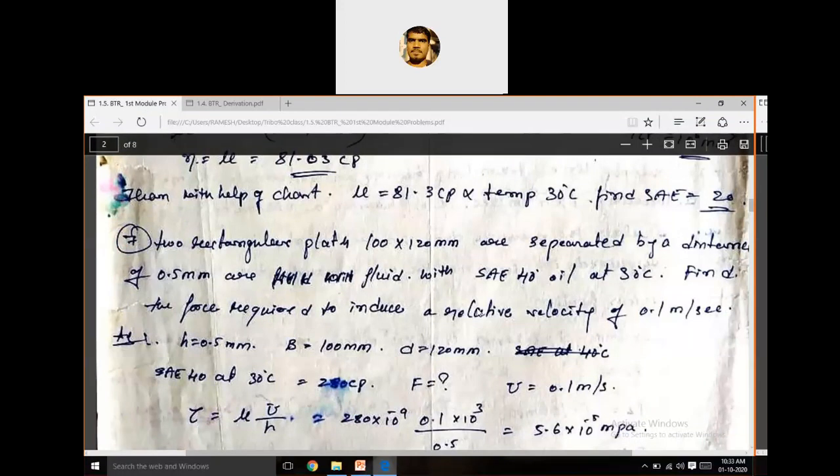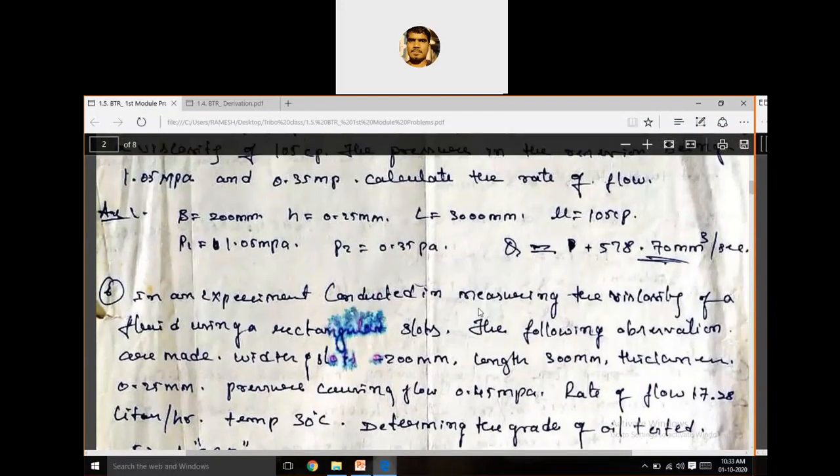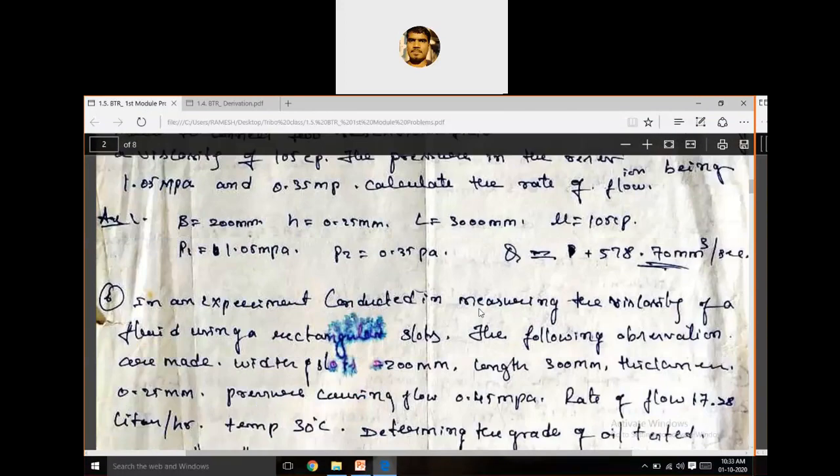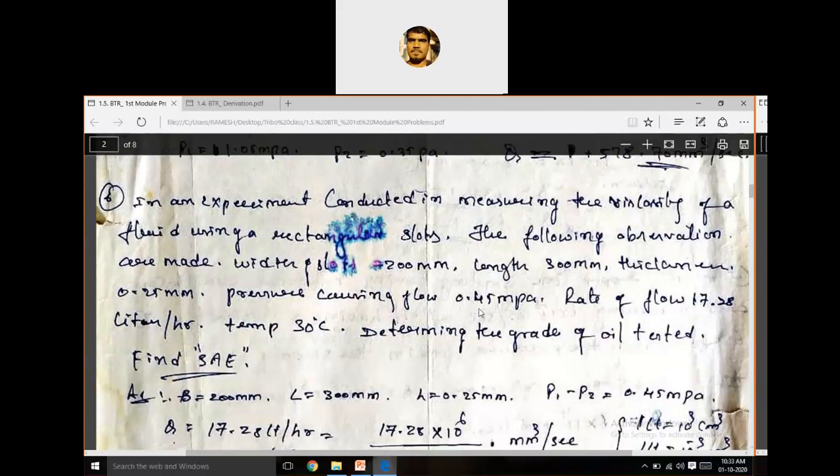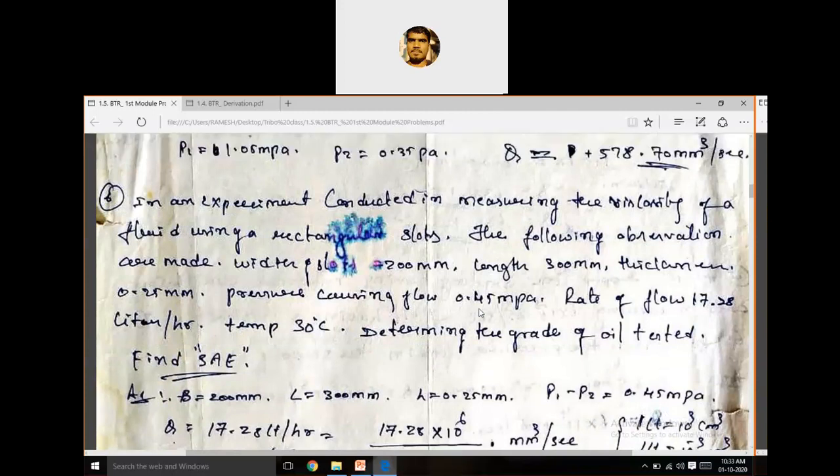Similarly, take one more problem. It is also based on the same parallel plate. An experiment was conducted in measuring the viscosity of a fluid using a rectangular slot, that is, parallel plate.